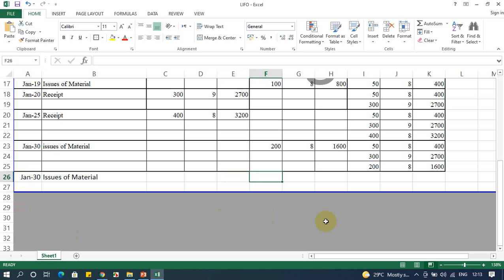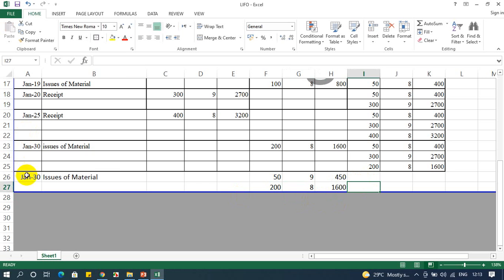But we have from the last period 200 and then 50, so we'll sell 200 from the last one and 50 from the 300. So the rate will be taken from the 300; we sold 50, and this will equal 450, right? And 200 at the rate of 8 will be equal to 1600.